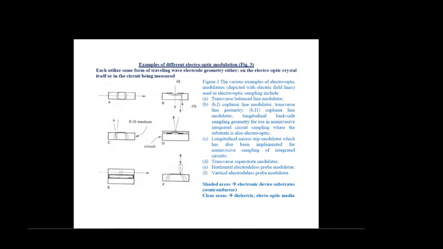Here in this figure, you may see a typical waveform produced by a photoconductive switch captured using electro-optic sampling. Its temporal resolution is less than 300 femtoseconds. So in this figure, the various examples of electro-optic modulators are shown.